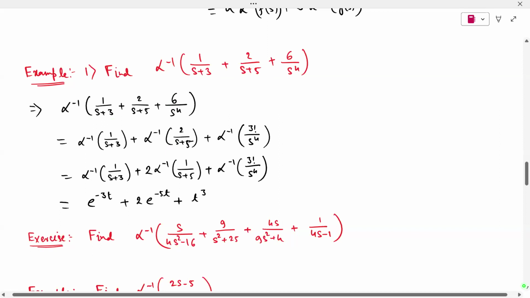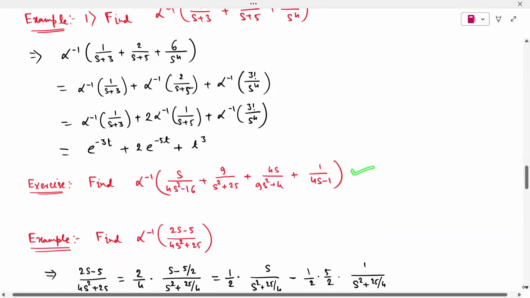Now apply the formula. What is the Laplace inverse of 1 by s plus 3? This would be e to the minus 3t. And what is the inverse of 1 by s plus 5? It will be e to the minus 5t, and this 2 comes out by the linearity property. So 2 times e to the minus 5t, and this becomes t cube. This is the formula. There is a similar type of exercise. You can try to solve this.